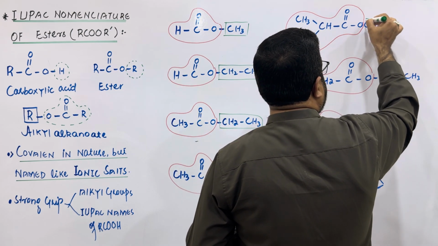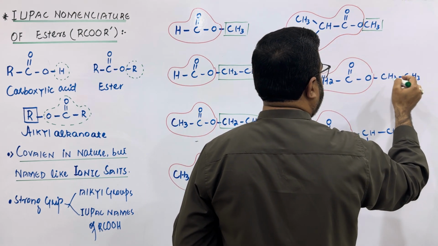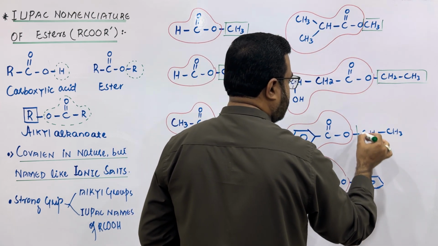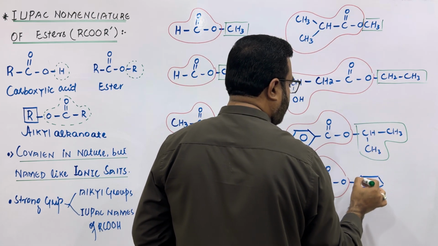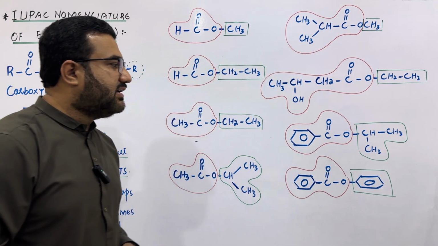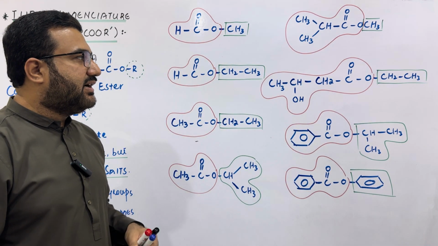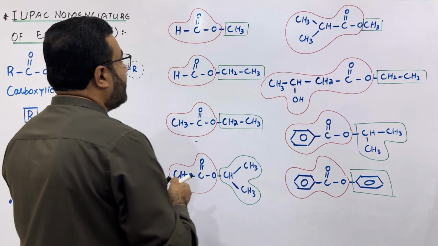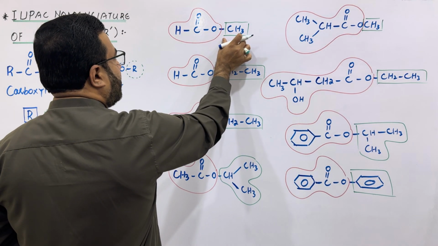While naming any ester, the first thing that you are required to do is to divide the molecule into two portions. One is the alkyl group, which is a pure hydrocarbon portion, and the second is the portion which contains both oxygen atoms, that is the portion from the carboxylic acid. Now, what is the name of this alkyl group?